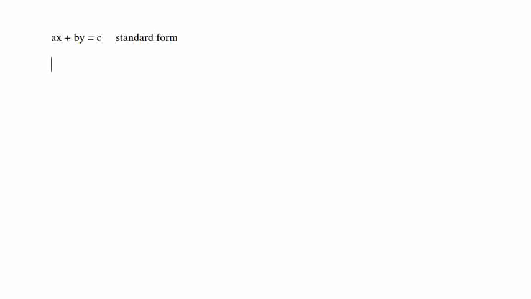All right, so if a linear equation has the pattern that I typed out there, then it's in standard form. So it's some number times x plus some number times y equals some other number. Some examples of linear equations in standard form would include 3x plus 2y equals 9, minus 7x minus 5y equals minus 111.